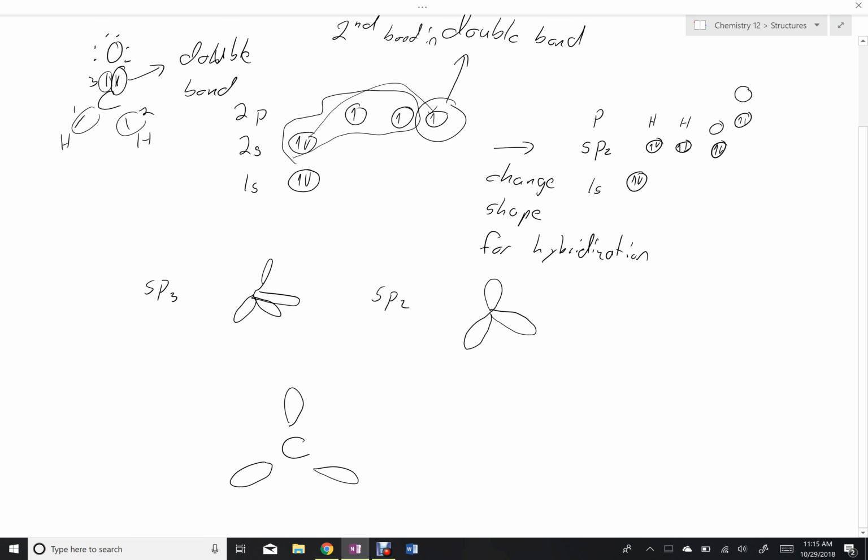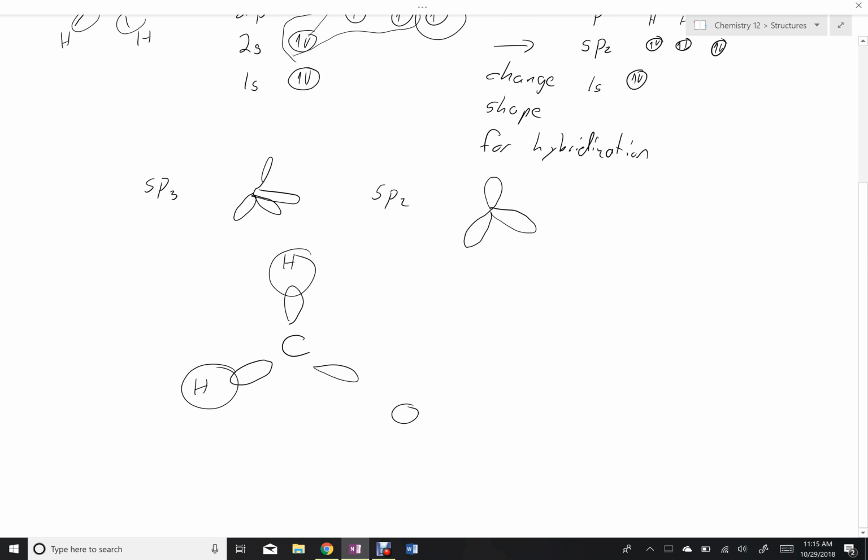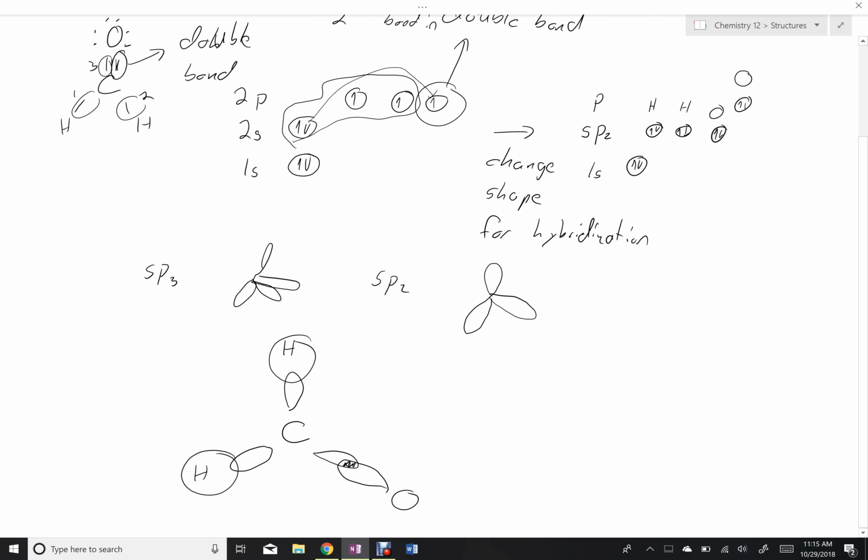Now, if we have our carbon then, with its new sp2 orbitals going in all the directions, we can imagine putting a hydrogen up on one, and a hydrogen over on the other, and then we can imagine our oxygen, which will be sharing an electron directly here, and that's the first bond and the single bond. But then there's a secondary thing going on where it's forming its double bond.